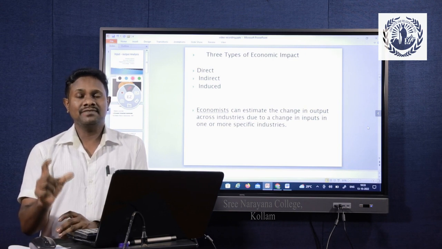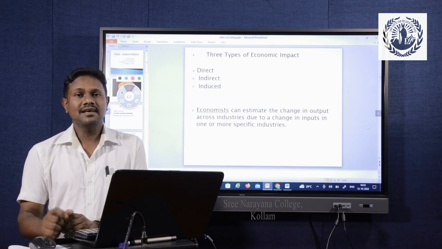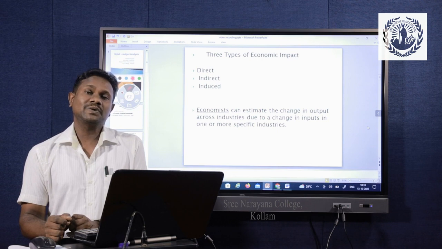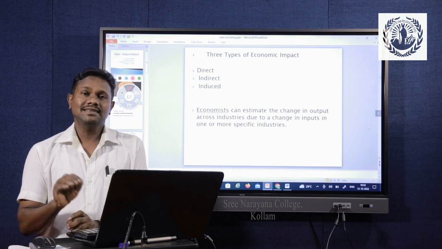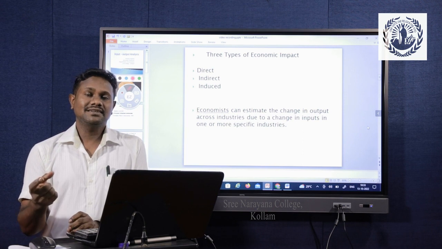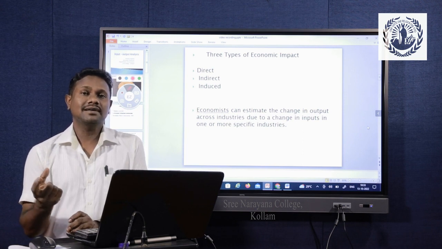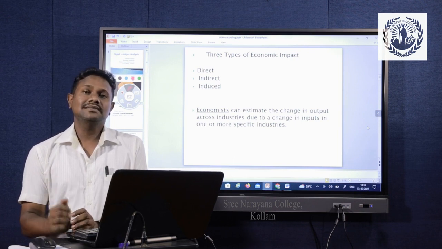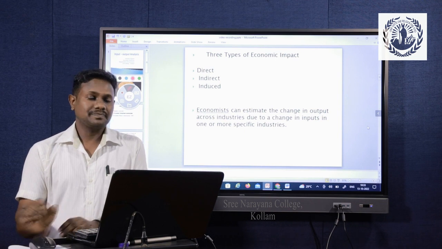In all these sectors, some form of demand is generated. It even generates demand for the primary or agriculture products. Which means that one dose of investment in the service sector generates demand in the industrial sector as well as the agriculture sector. Why does this happen? All these sectors are interconnected.